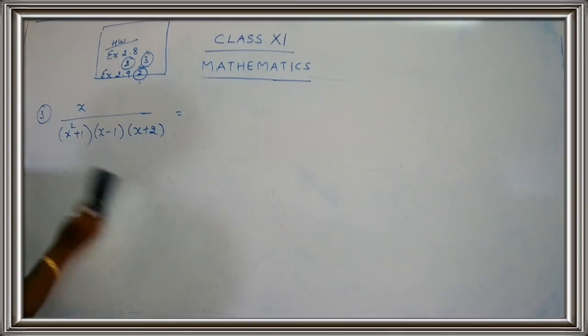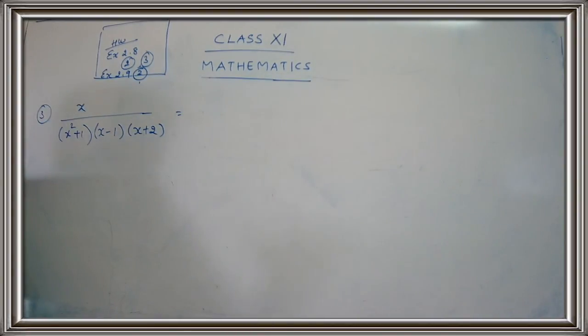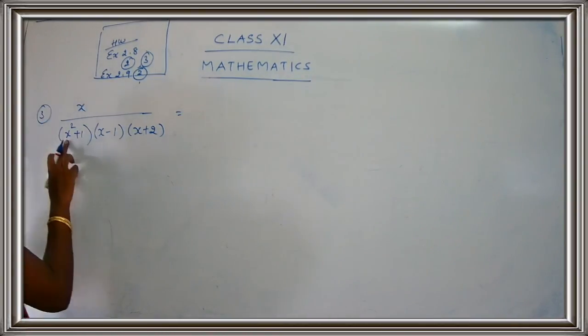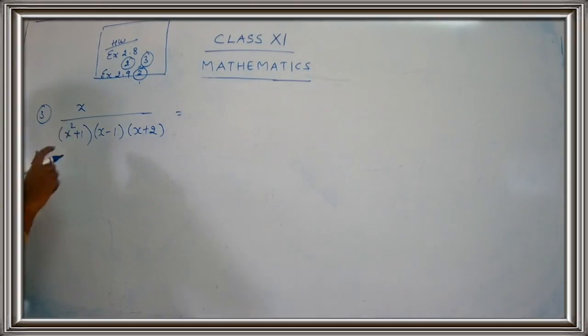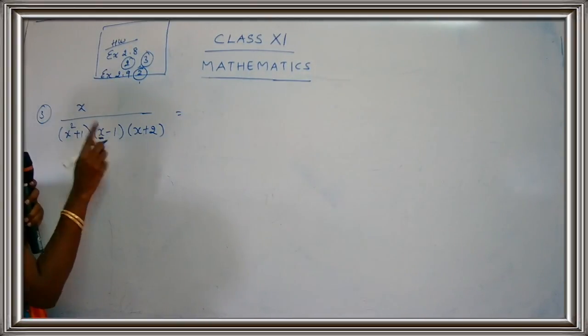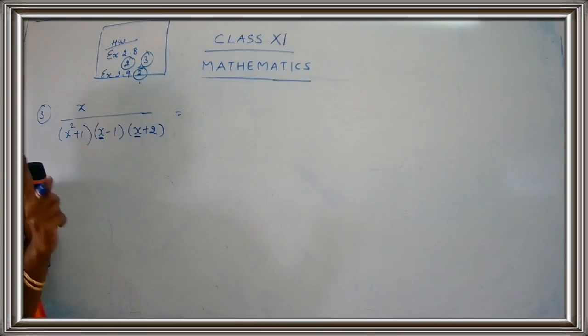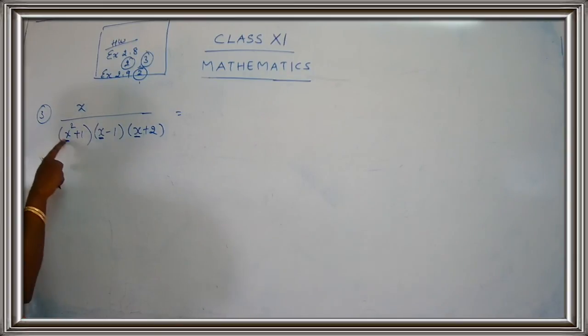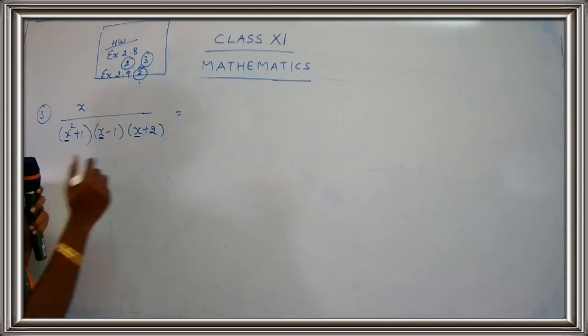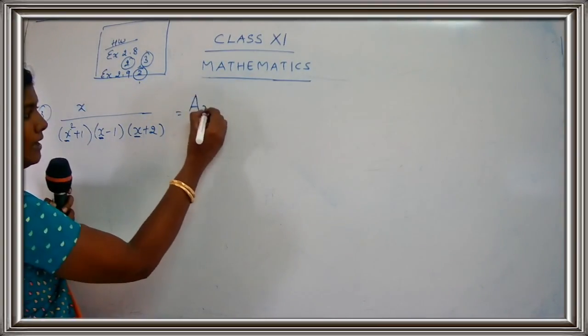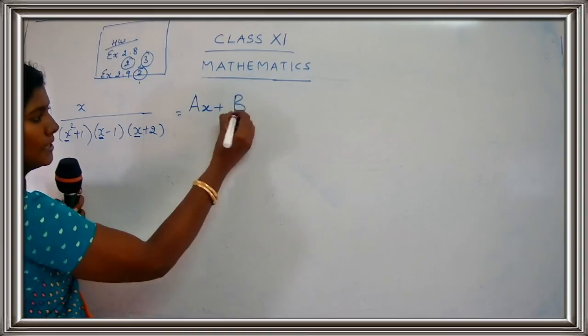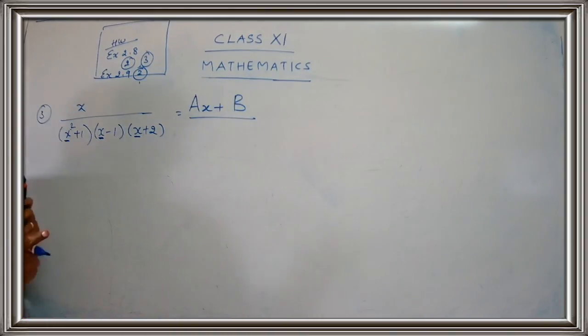Okay. Now listen carefully how we are going to break this. x square, the power is 1 here. Okay. 1 means 1 value. What is the power here? 1. That means 1 value. But here what power? How many power is there? 2. That means you have 2 unknown values. So how are you going to take the 2 unknown values? You are not going to write a plus b.